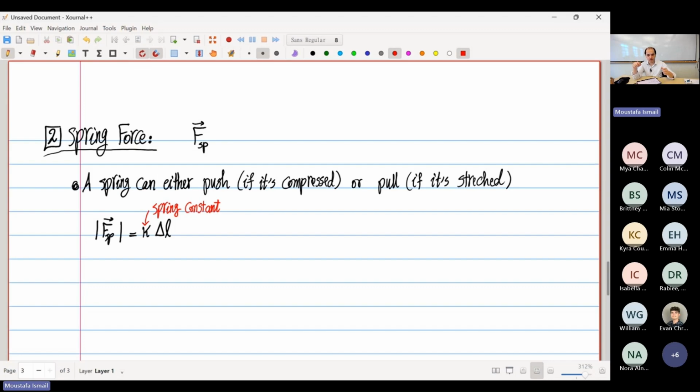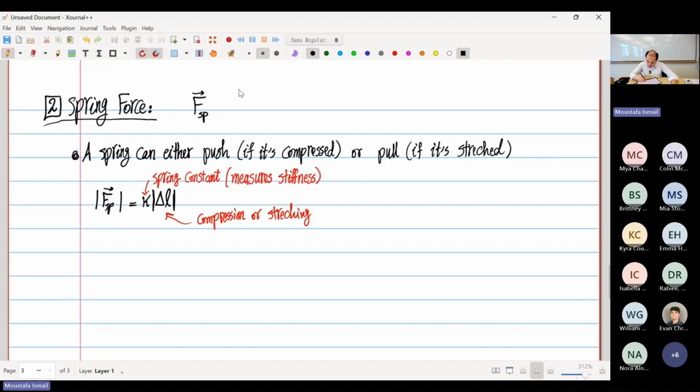Or if it is relatively easy to stretch or compress, then the spring constant is small. So this measures stiffness. Delta L is how much the spring is compressed or stretched. I should put this in absolute value notation because I'm talking about the magnitude. So delta L is compression or stretching.